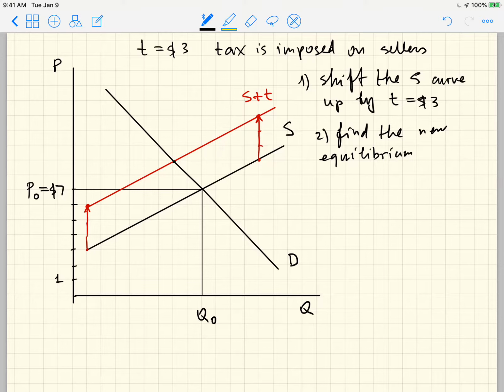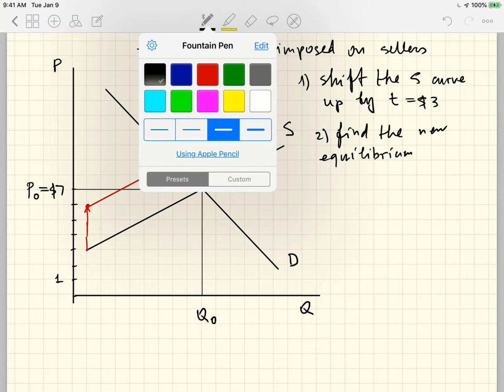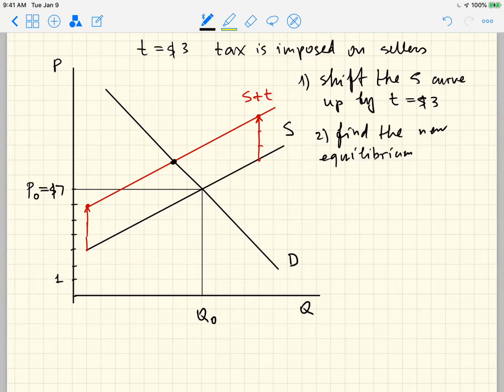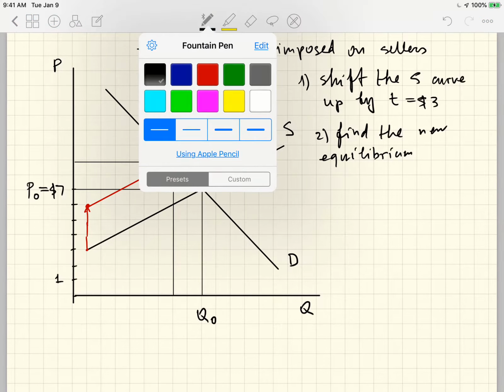It's just the point where this adjusted supply curve that reflects the tax intersects the demand curve. And the new equilibrium price is this one, right? The one that matches this point. This is the new equilibrium quantity, which is smaller than the initial one.